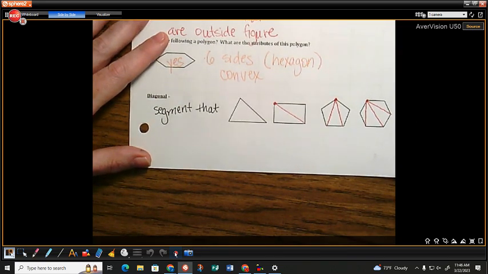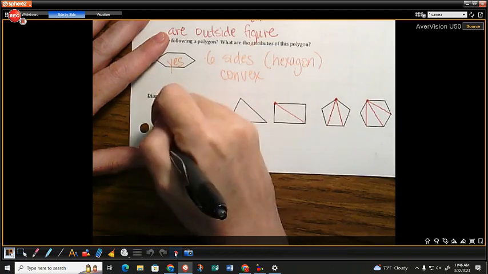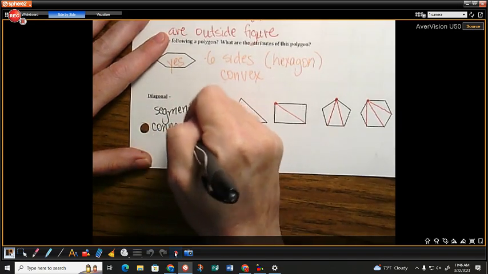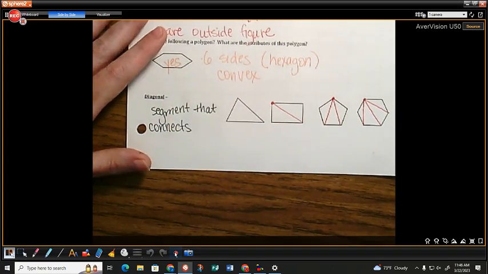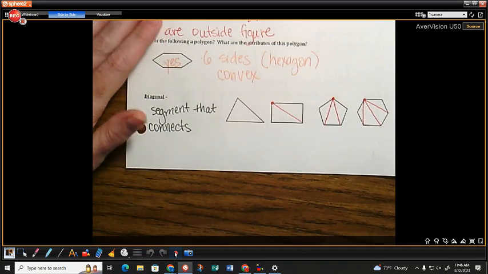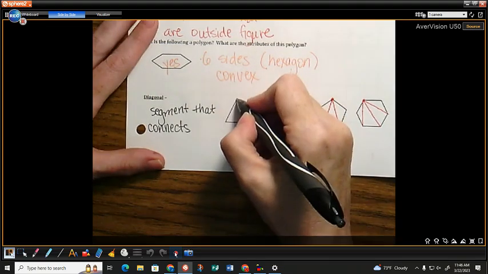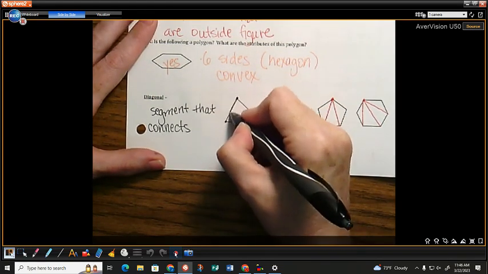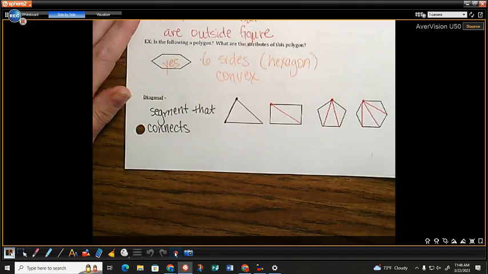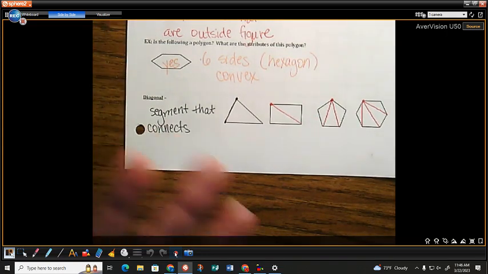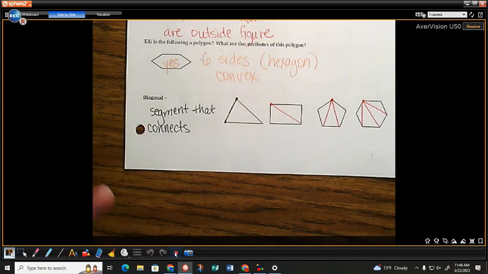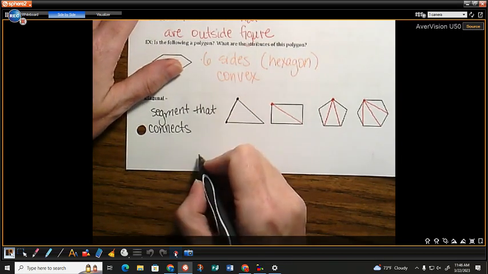One vertex, so it connects. Connects what? Oh, any vertices? So this is two vertices, is that a diagonal? No. Side. So how do I make sure it's not one of the sides when I draw it?